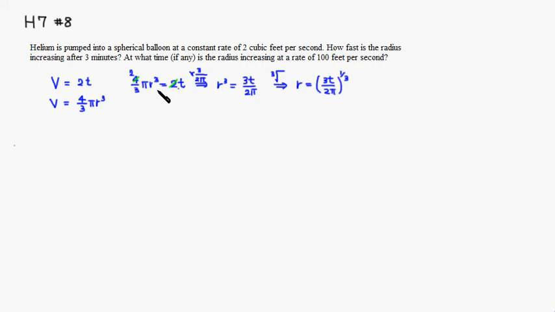So we want to know the radius after 3 minutes. This is in seconds, so I have to convert 3 minutes into seconds. So 3 minutes is 180 seconds.